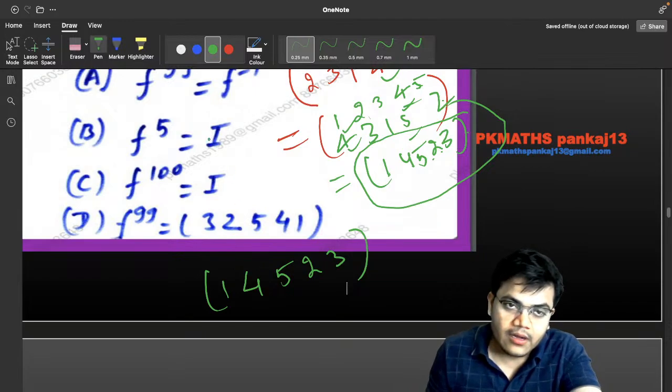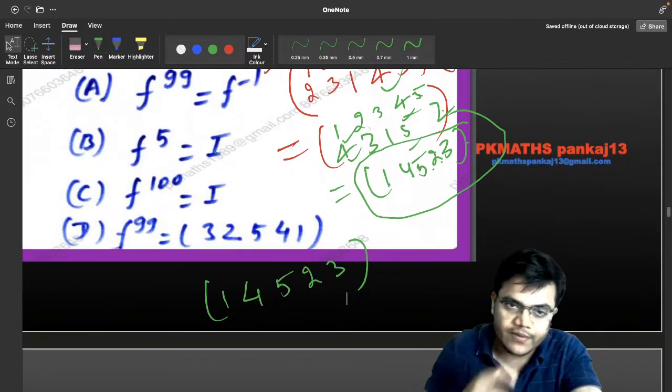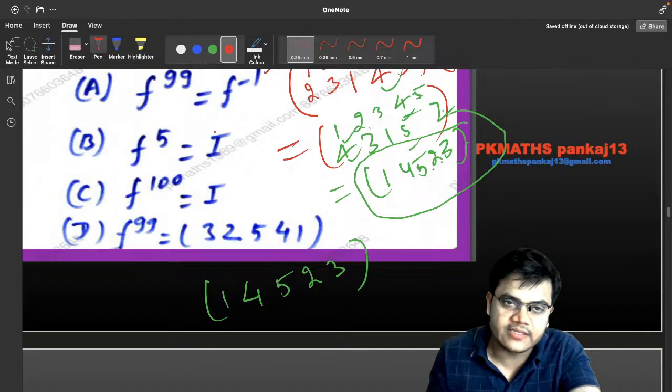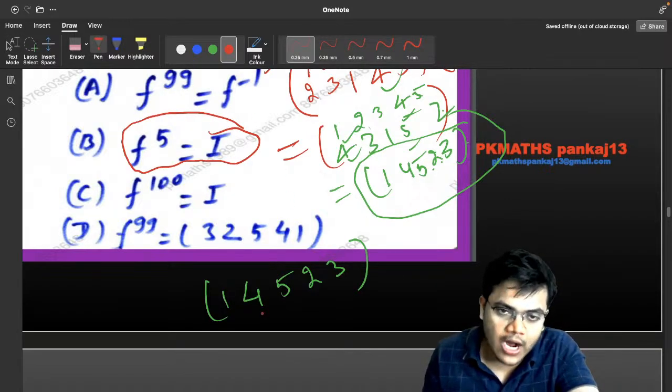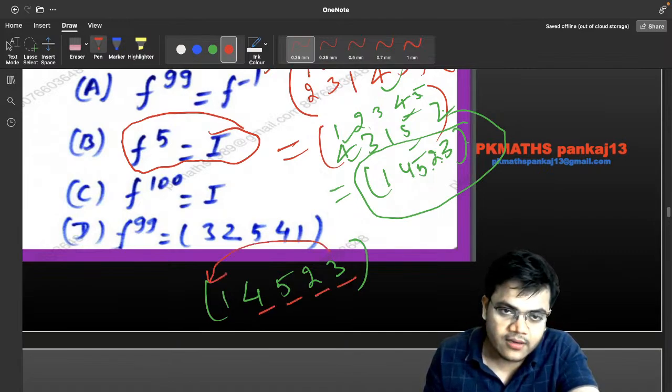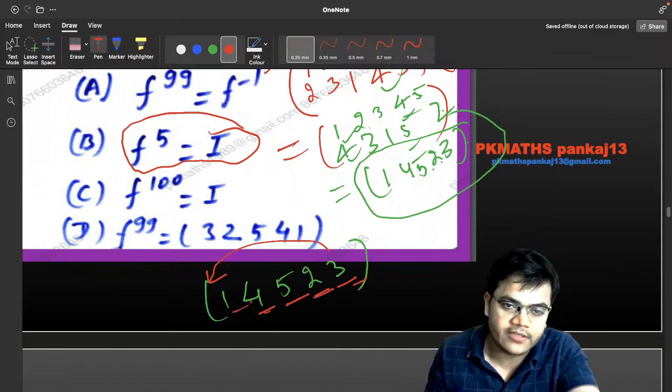And so here first of all we will try to justify, is F5 equal to identity? You also know after skipping these 4 elements we are coming to 1. After skipping these 4 elements we are coming to 4 itself.